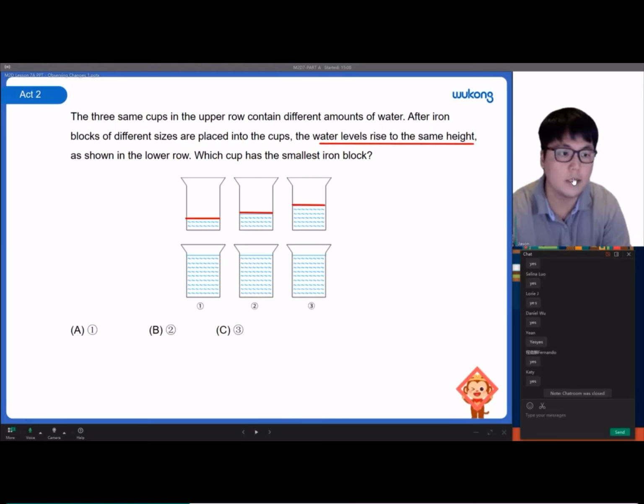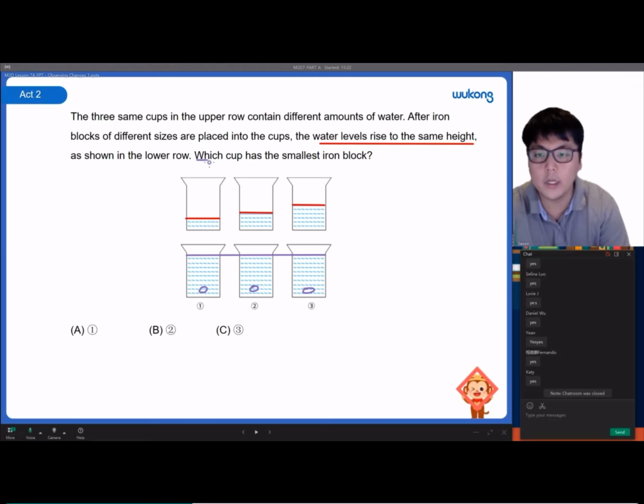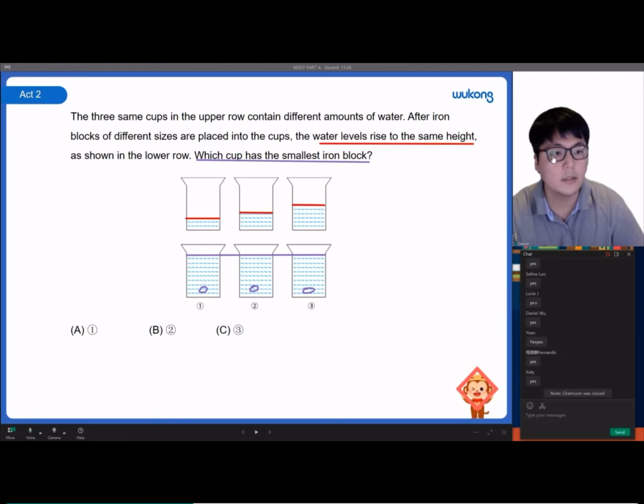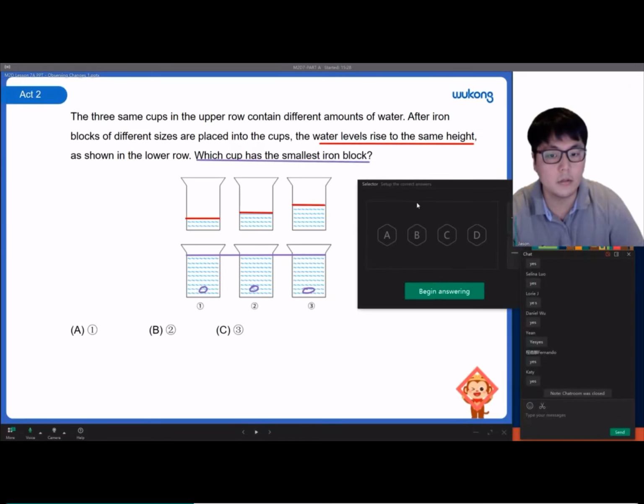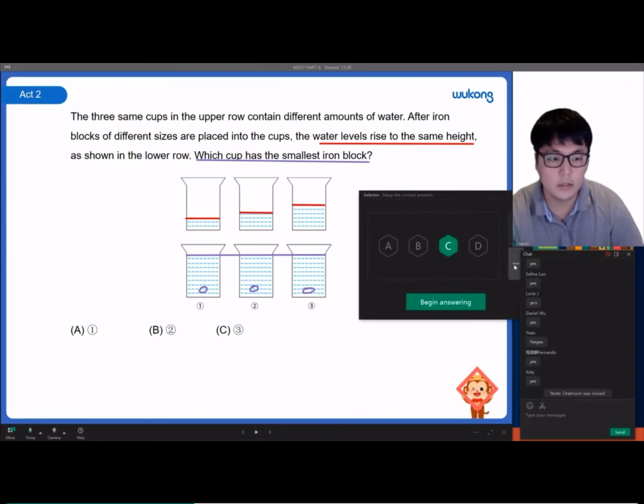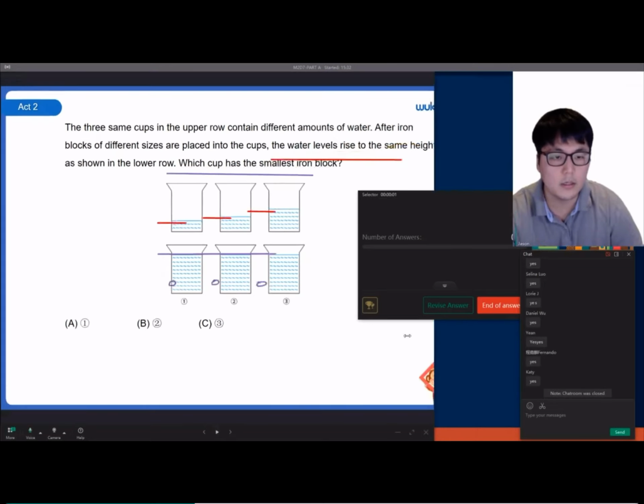So you can see that after putting metal blocks inside, all the water levels are now the same. We don't know how big these metal pieces are. You need to tell me which cup has the smallest iron piece. So now I'm going to give you guys time to do this question. You can all start now.